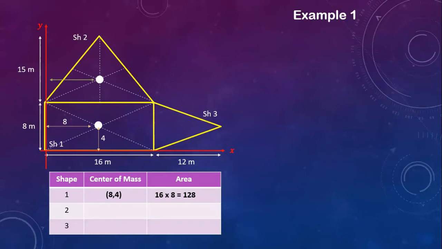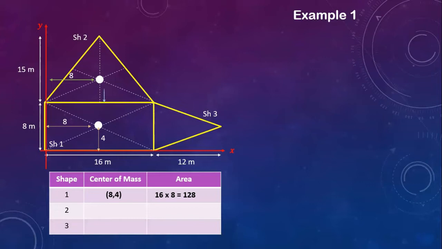Now for the x-axis, we find that it is 8 meters. How do we find 8 meters? Yes, correct, half of 16 meters. Now what about the y component?